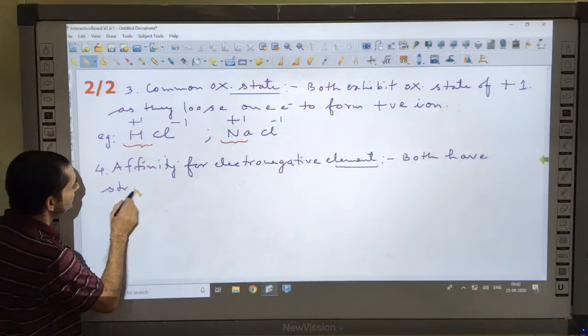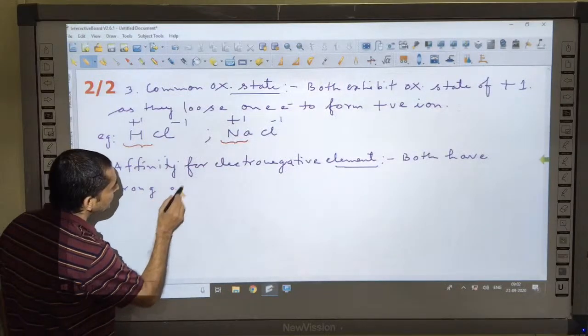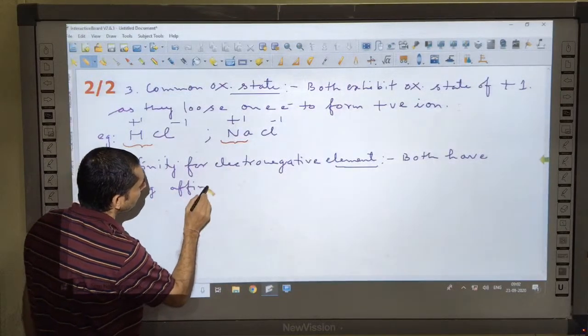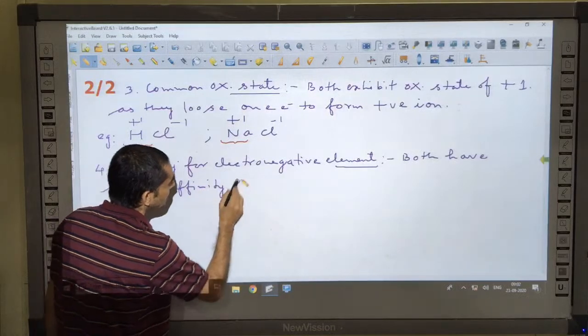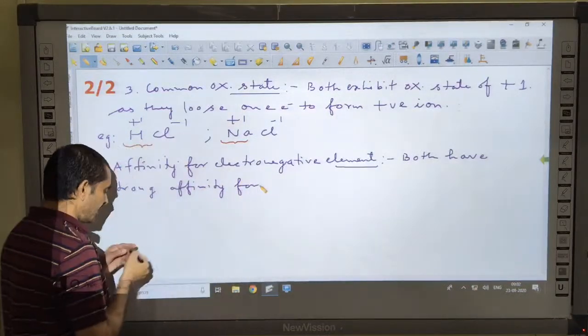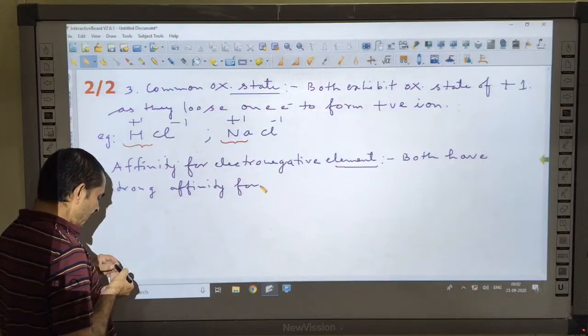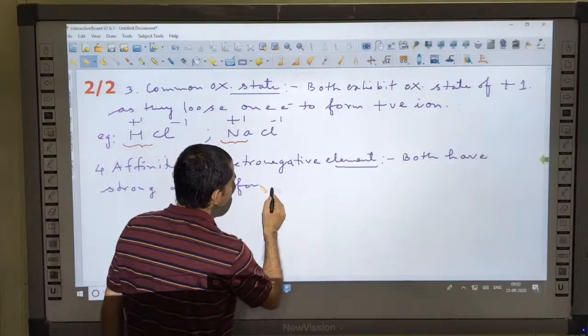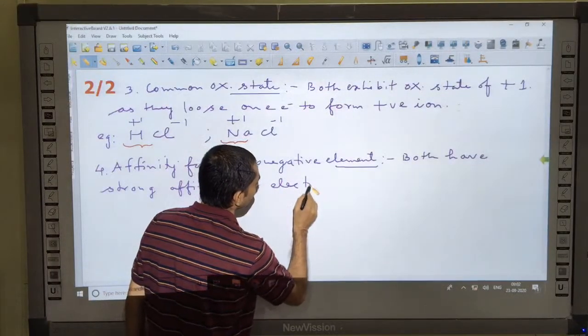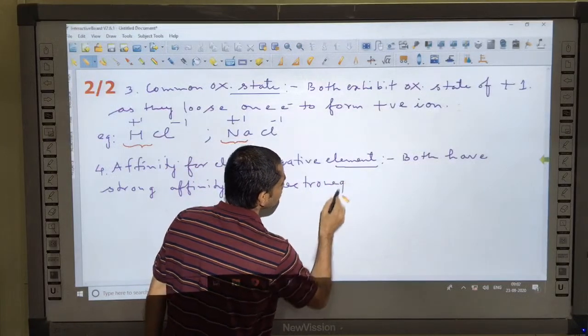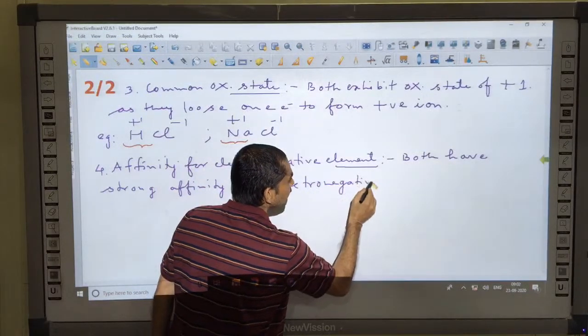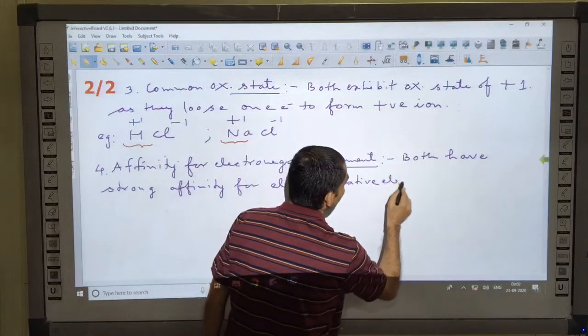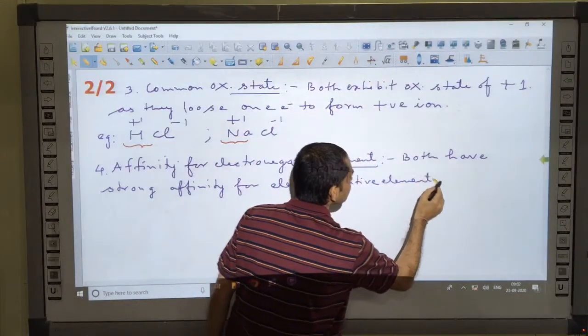Both have strong affinity for electronegative elements, and both can combine with electronegative elements.